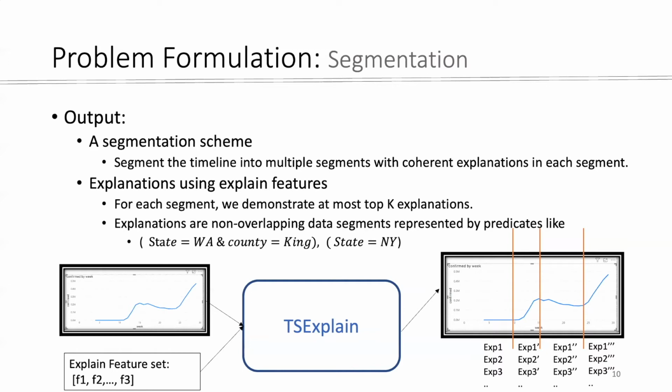Our output is a segmentation scheme, which segments the timeline into multiple segments with coherent explanations in each segment. For each segment, we demonstrate at most the top k explanations. Explanations are non-overlapping data segments represented by predicates like state equals Washington, county equals King, or state equals New York.